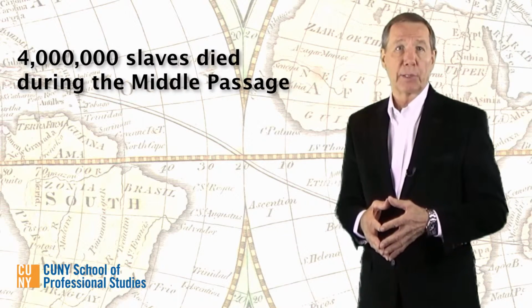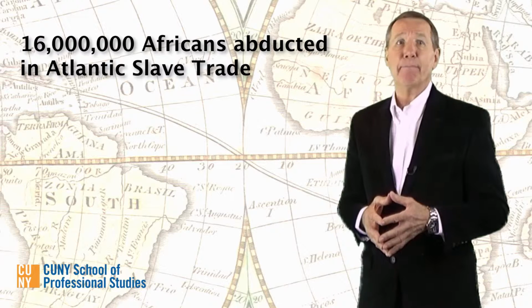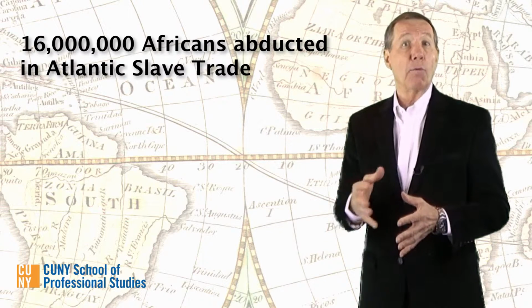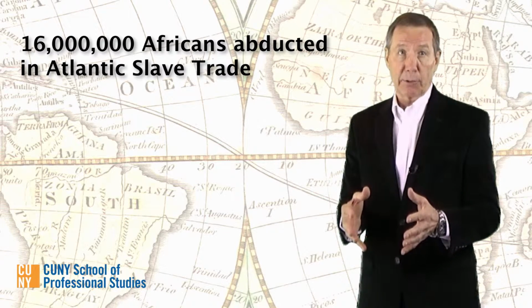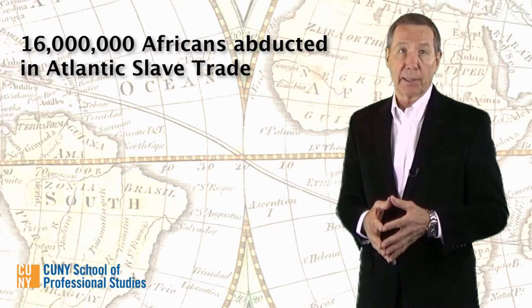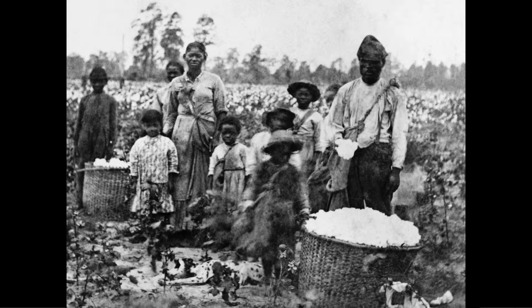With time, this elevated the survival rate to about 95% of the slaves that debarked from Africa. Overall, however, we calculate that about 4 million Africans died in the Middle Passage. This represents 25% of the total 16 million Africans brought over to the Americas in the 300 years the Atlantic slave trade endured.